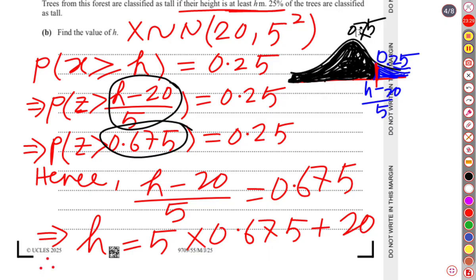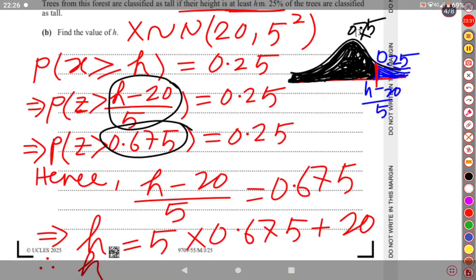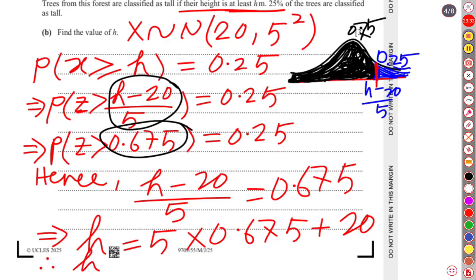Hence our h is equal to 5 into, let me use my calculator, 5 into 0.675, 3.375, plus 20, so it is 23.375. If we round it to 3 significant figures, it is going to be 23.4. So that is our value of h.